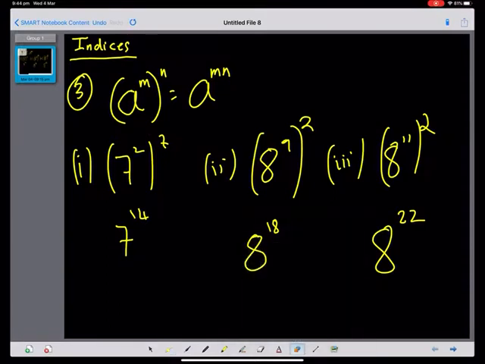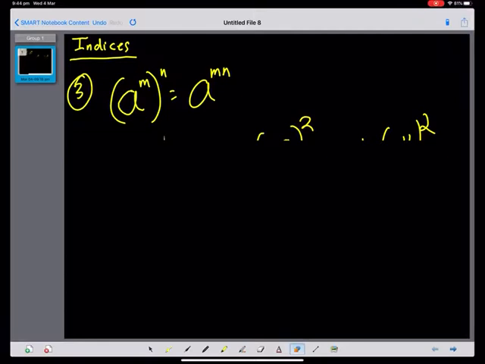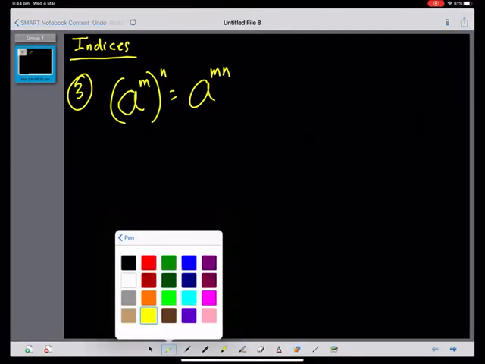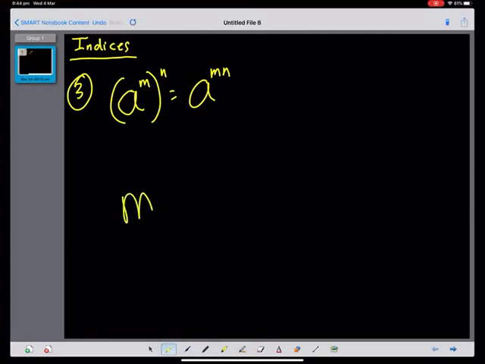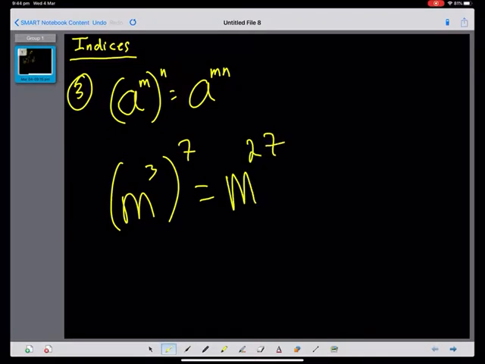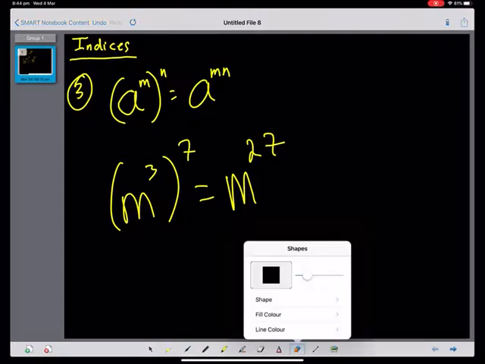Okay, so let's have a look at some algebraic examples. Let's do m cubed to the 7. So that's just the same as doing m to the 21. 3 7s are 21.